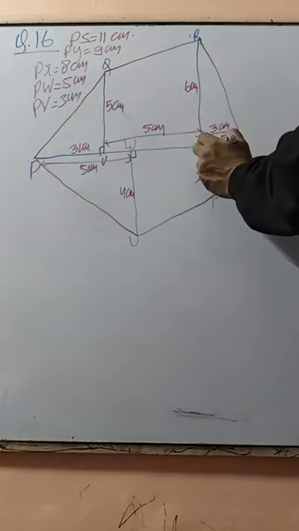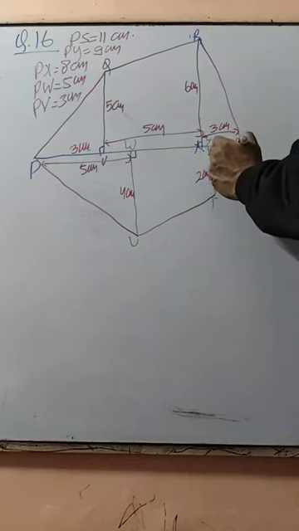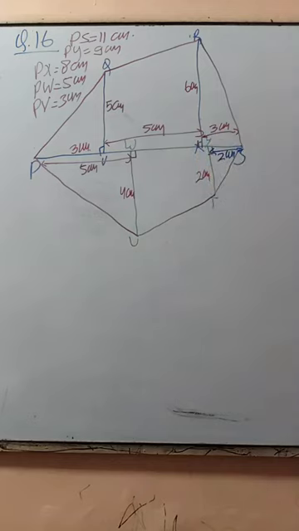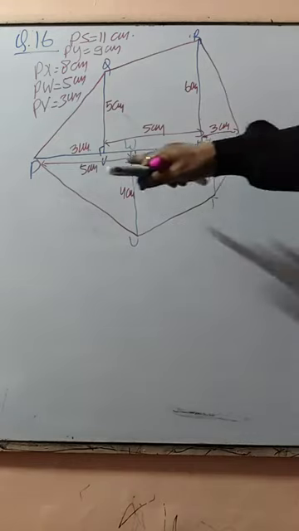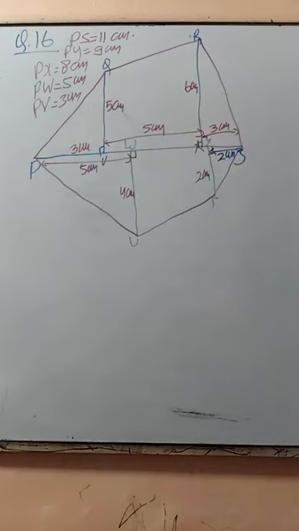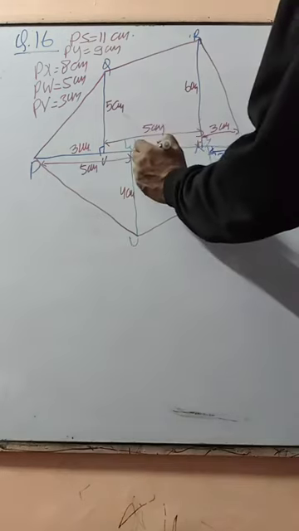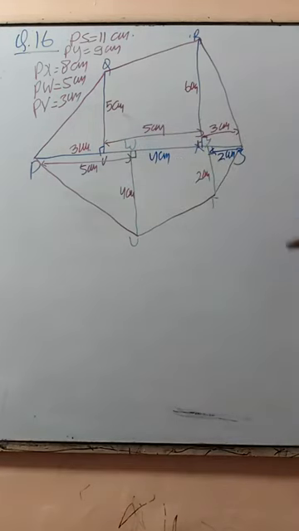PY is 9 centimeter, total is 11, so this is 2 centimeter. PY is 9, PW is 5, so WY is 9 minus 5 becomes 4 centimeter. Getting? Yes, sir. Okay.